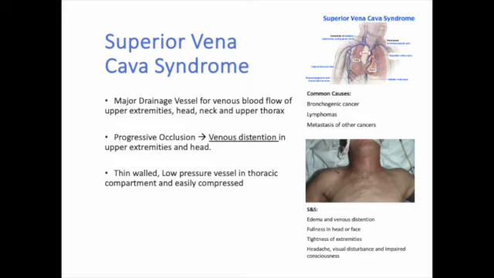There are also some non-malignant causes that you should be aware of as well, like thrombosis, infection like TB, mediastinal fibrosis, cystic fibrosis. Sometimes a retrosternal goiter can cause that compression to occur as well. Additionally, pacemaker wires, central venous catheters, and pulmonary artery catheters can often lead to superior vena cava syndrome.